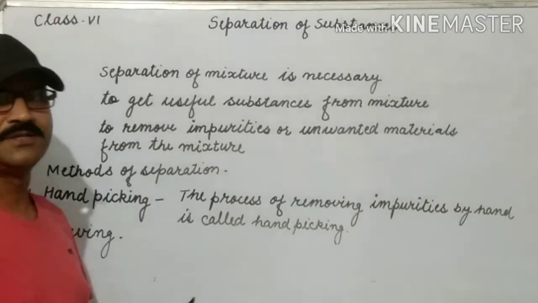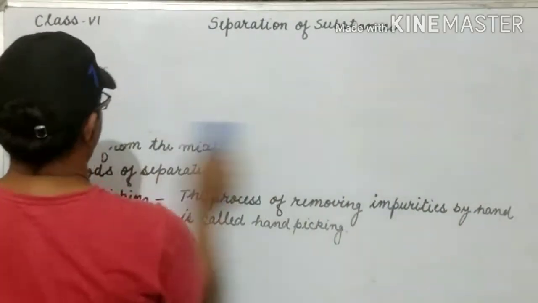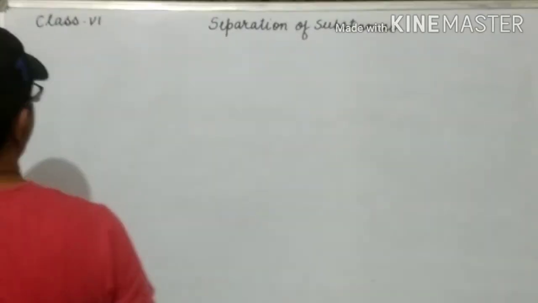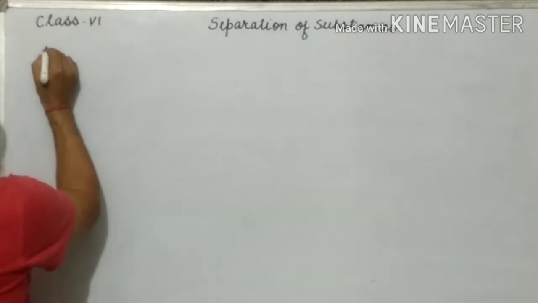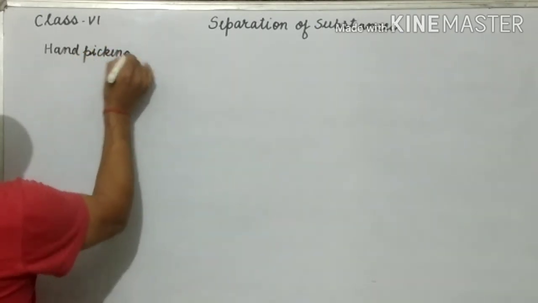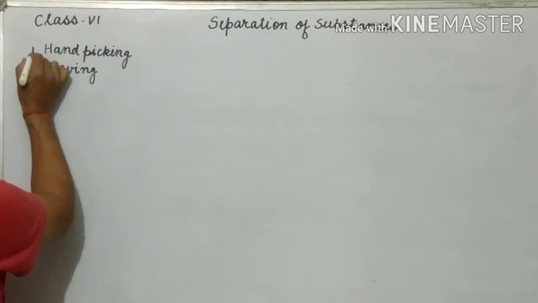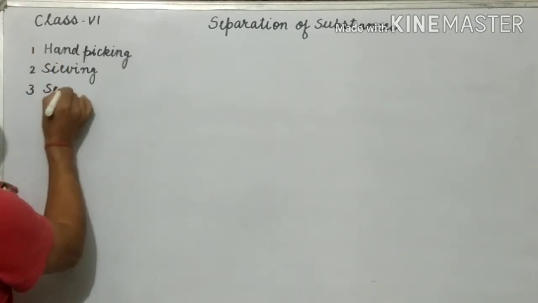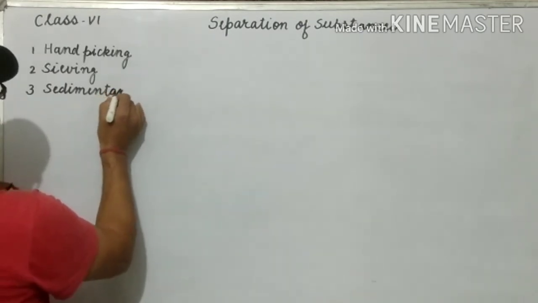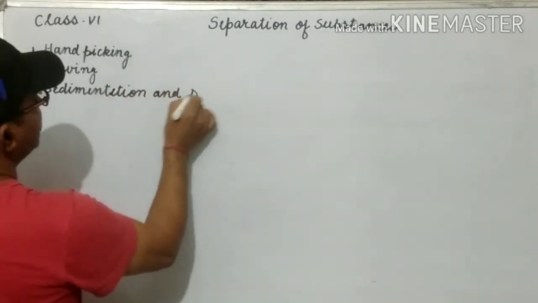Next is sedimentation and decantation. Third one, we have discussed hand picking, we have discussed sieving, and now the third one is sedimentation and decantation.